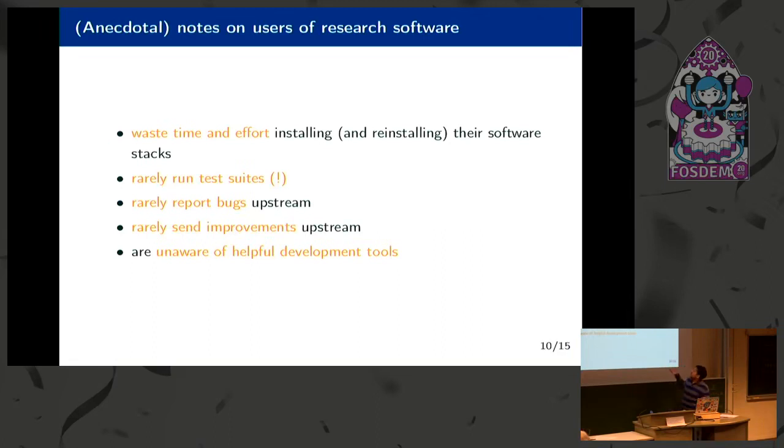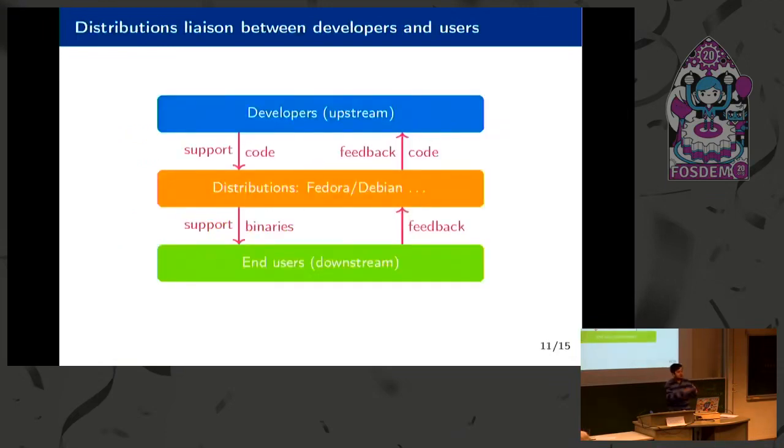And many of the end users are unaware of the helpful development tools. Many end users do not know that there exists a library to analyze your DICOM files, and instead they do it manually. So that's where NeuroFedora, or where distributions, come in. What distributions basically do is take the code from the developer, package it in a neat and nice way, and then provide it to the end user.